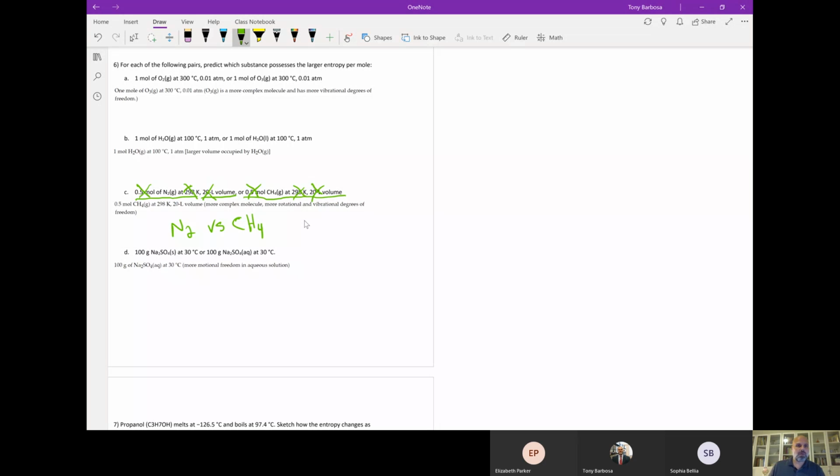Now, thinking about these two compounds, you have nitrogen, which exists like this, and we have methane.